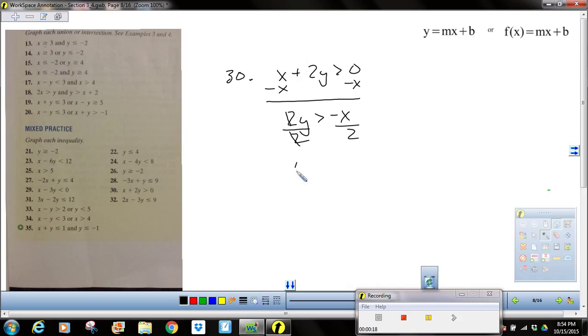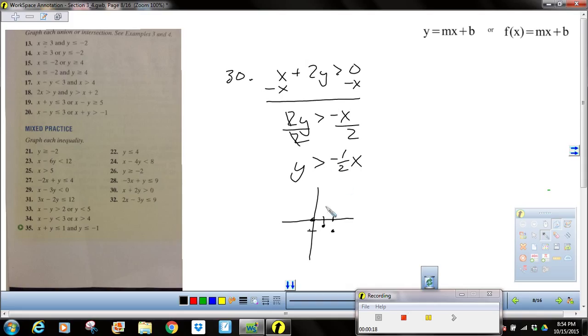If it's positive, don't reverse it. Y-intercept is 0. Slope is negative 1/2. So as x goes over 1, I could drop a half, but this will be easier to see if I exaggerate it, down 1 over 2.